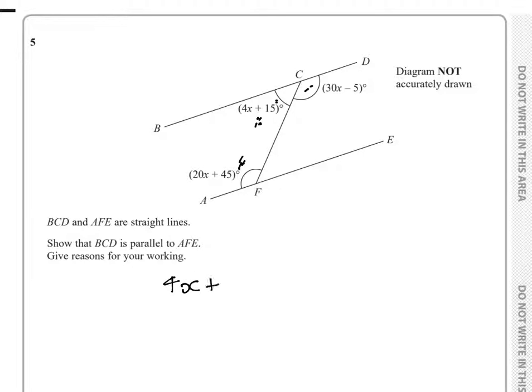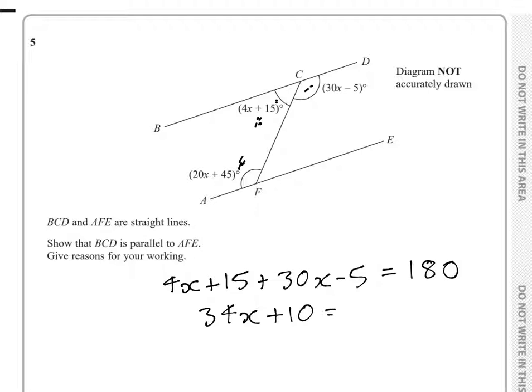Just say 4x plus 30x minus 5 must equal 180. And we can go 34x plus 10 is 180, 34x equals 170, so divide by 34 is 5.